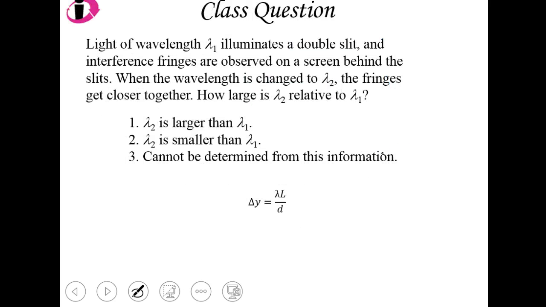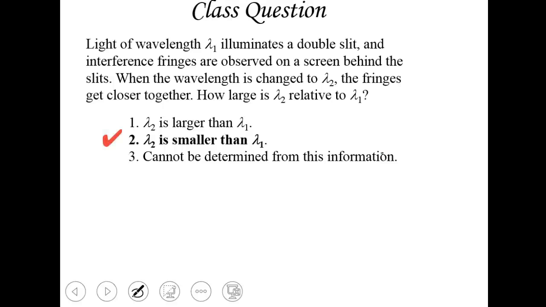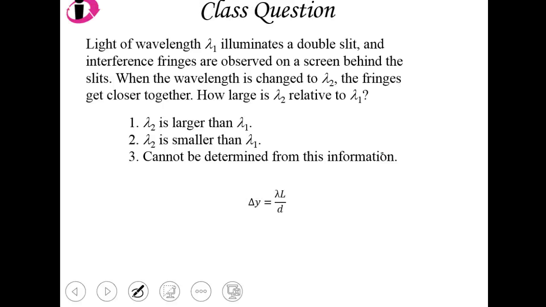All right. Light of wavelength 1 illuminates a double slit, and interference fringes are observed on a screen behind the slits. When the wavelength is changed to wavelength 2, the fringes get closer together. How large is wavelength 2 relative to 1?